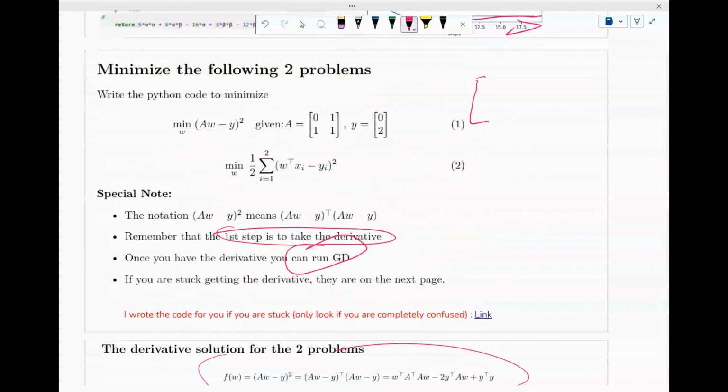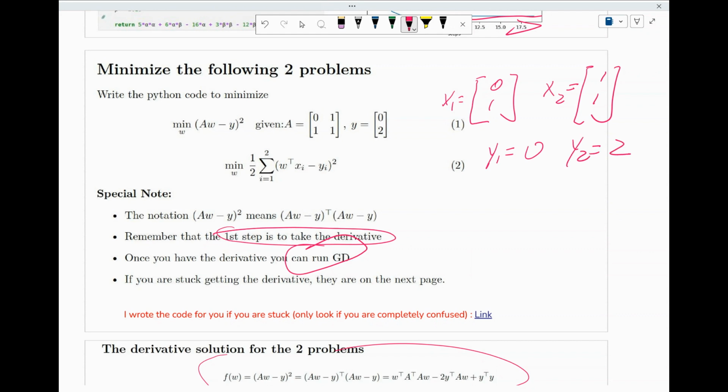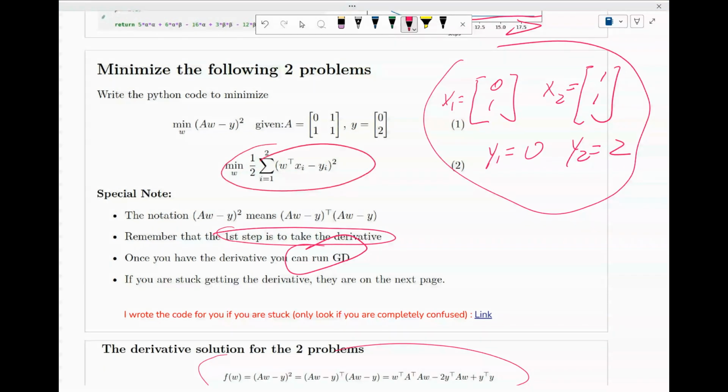So let me give you, I wrote it down somewhere. Yeah, x1 is 0, 1. X2 is equal to 1, 1. And y1 is equal to 0. Y2 is equal to 2. Okay? So your goal is to minimize this.